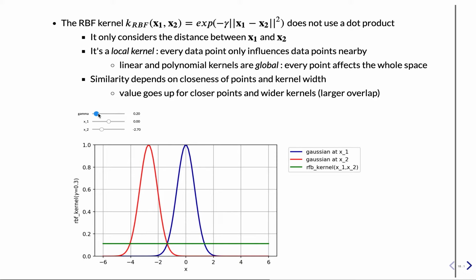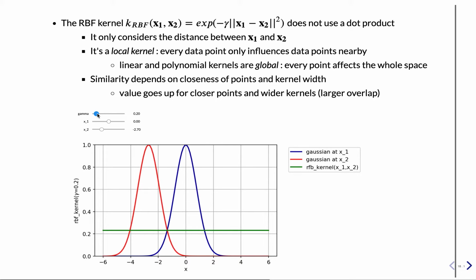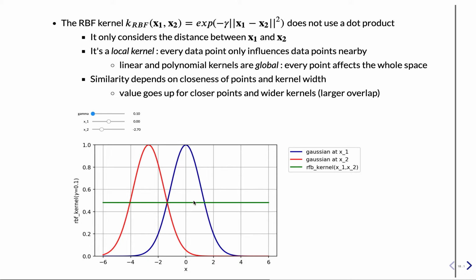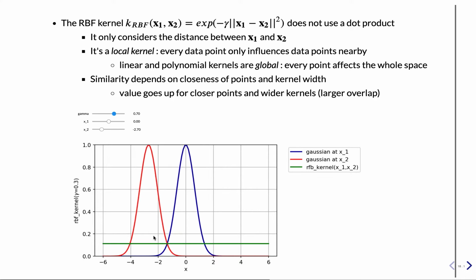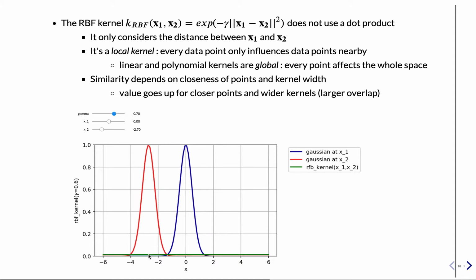If I take a very small gamma, so a wide kernel, then every point influences every other one. If I take a very narrow kernel, every point will only influence a small region around it and maybe affect no other points.